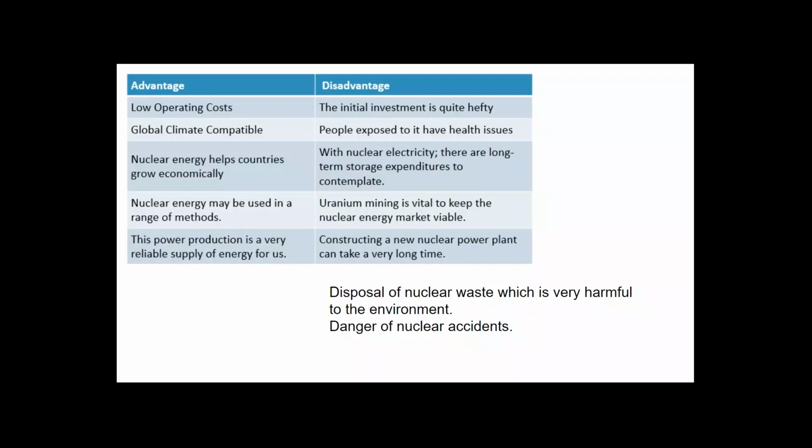In order to stop climate change, one alternative is to use nuclear power, and it helps countries to grow economically, because once you put the nuclear power plant in place, the operating costs are low. So nuclear energy may be used in a range of methods, and the power production is very reliable.